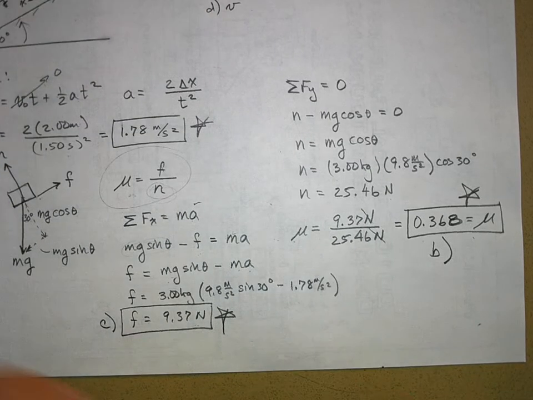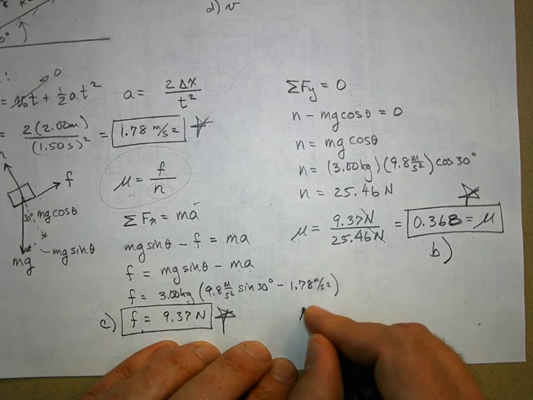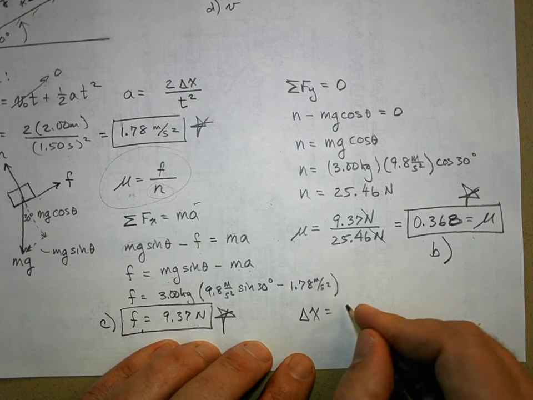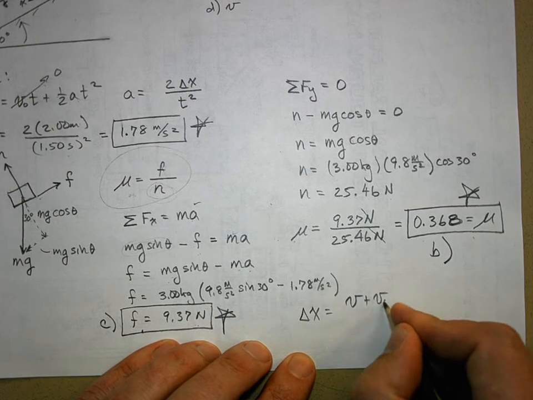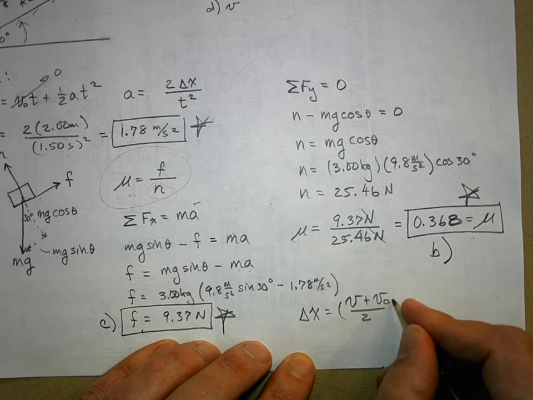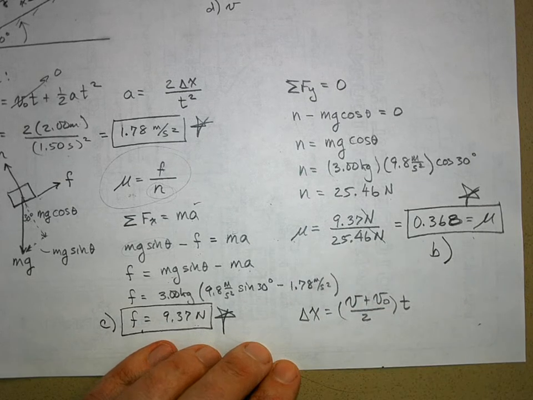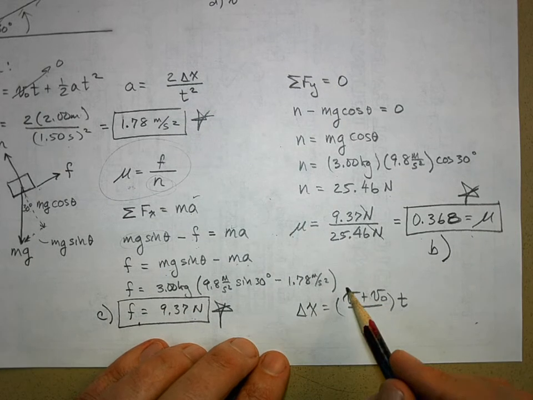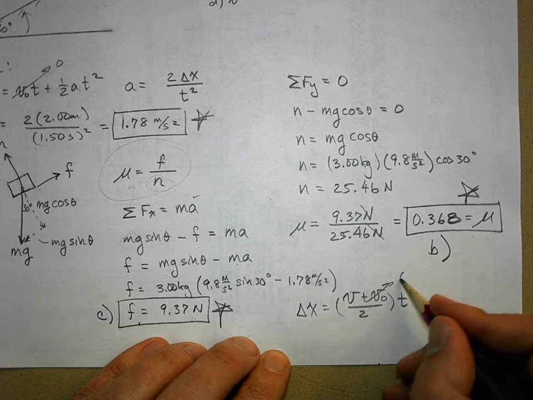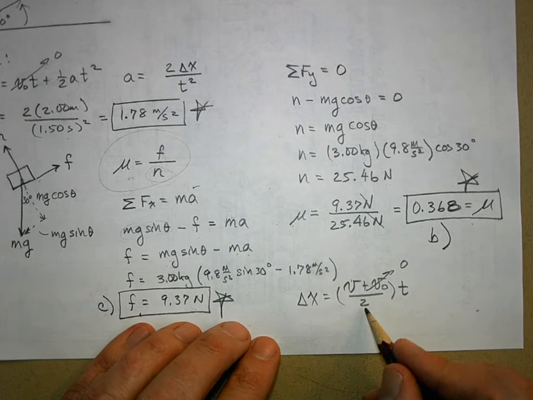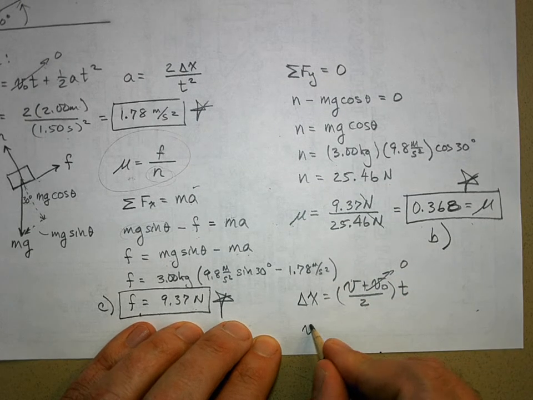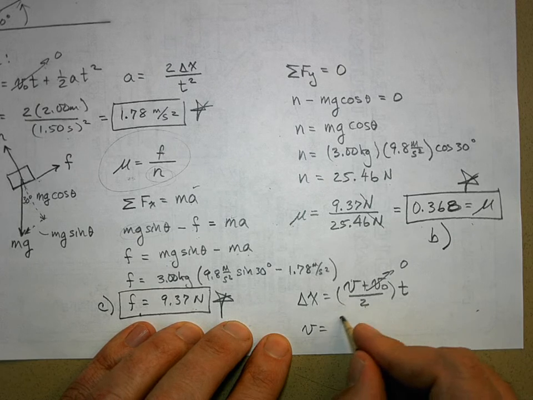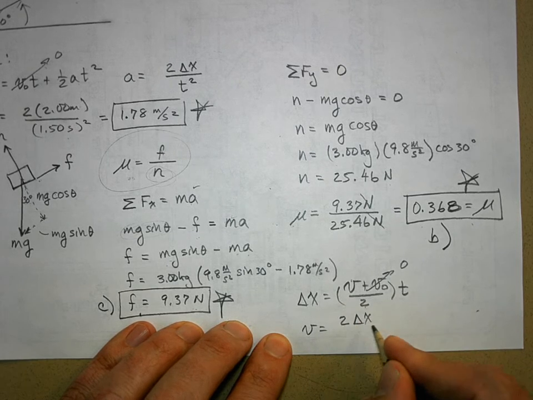So what doesn't have acceleration in it on our equation list for kinematic equations? The second one, yes. So we say delta x is equal to the average velocity, which is v plus v naught divided by 2, times time. And so I'm going to solve it for this. Now this guy was 0. So v equals 2 times delta x divided by the time.